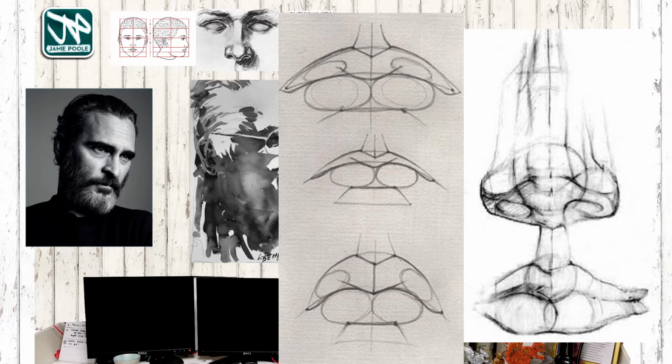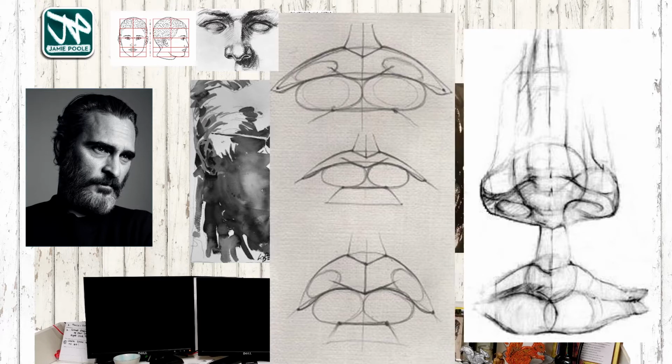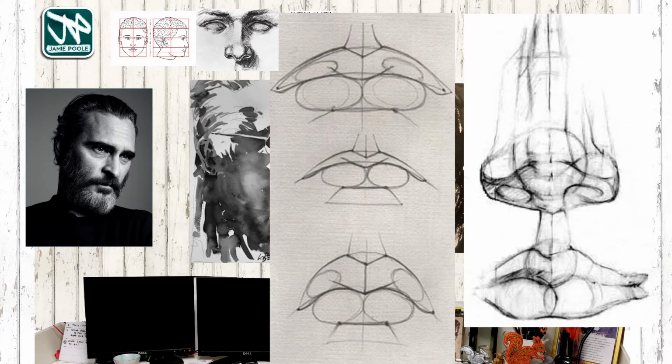And if we look down on the lips on these diagrams, we can see that ellipses and circles have been used to help you map out the actual shape of the lips and the noses as well.